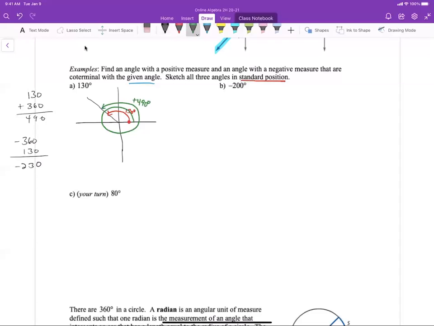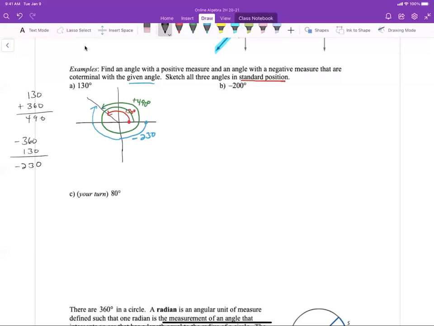And so I will do that in blue. Starting from the positive x-axis and going in the negative direction, there's negative 180, and I had to go to negative 230, and that will be the same terminal end. So I have shown three angles that have the same terminal end.